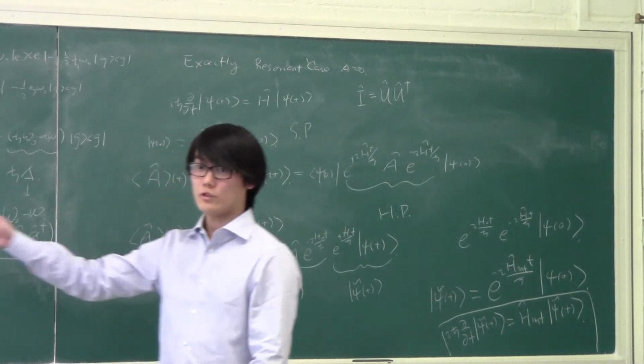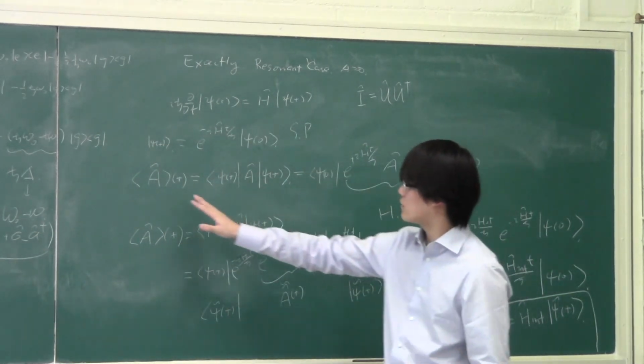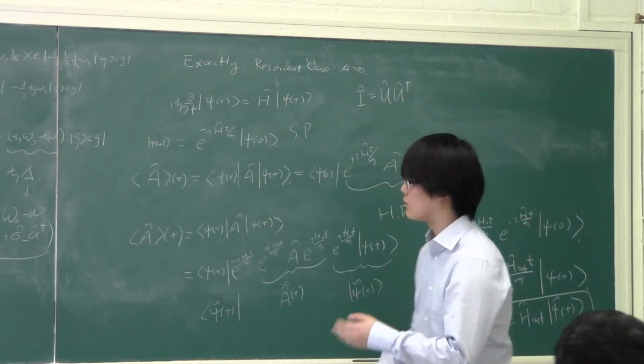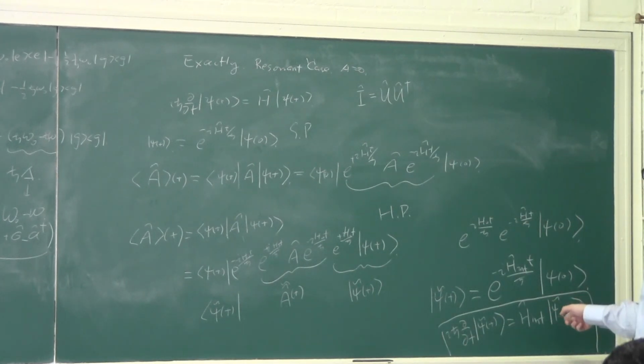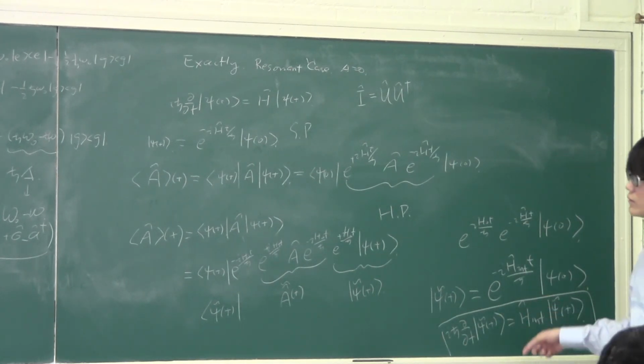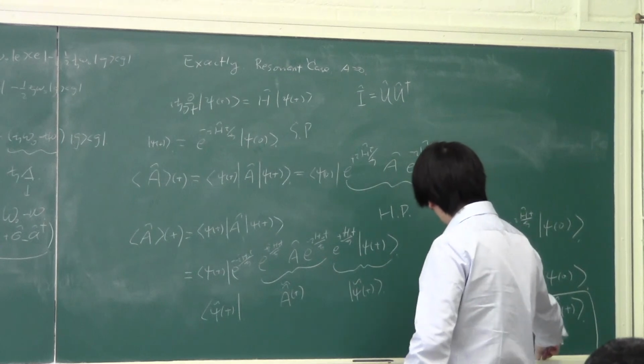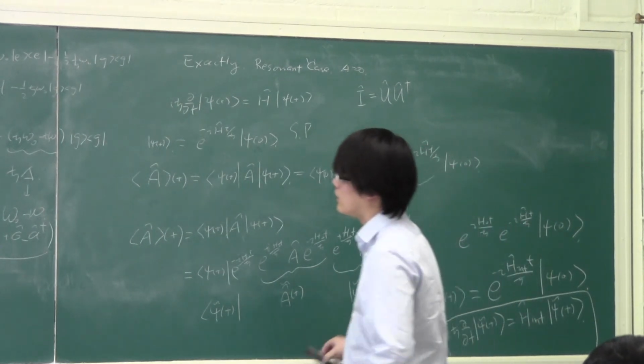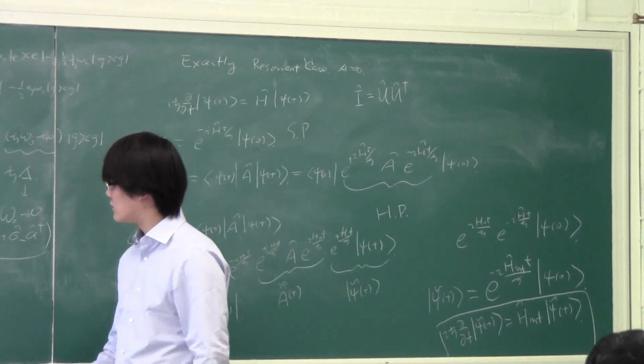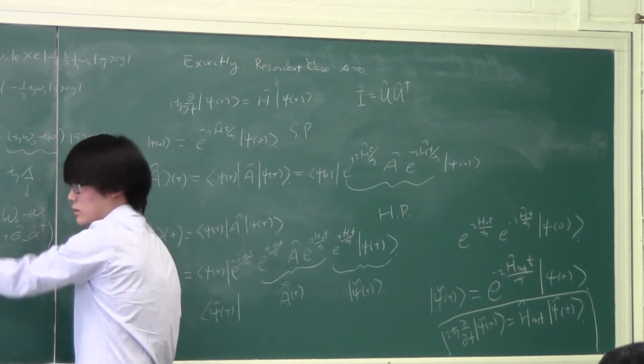Overall phase factors that wouldn't show up if I were considering expectation values like this. So now I just write down the Schrodinger equation. It's just the interaction Hamiltonian. And in the exactly resonant case, I can even forget about this part. Just this.